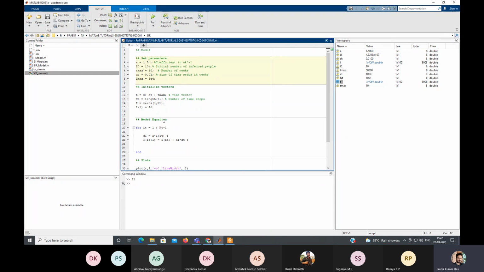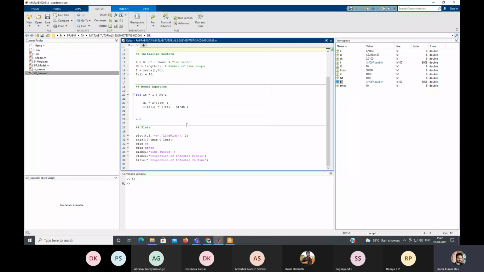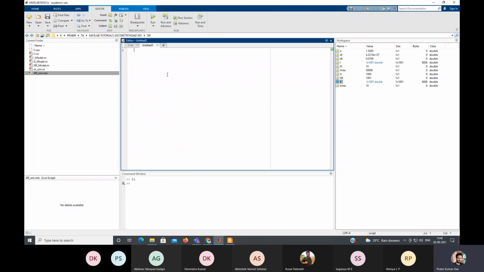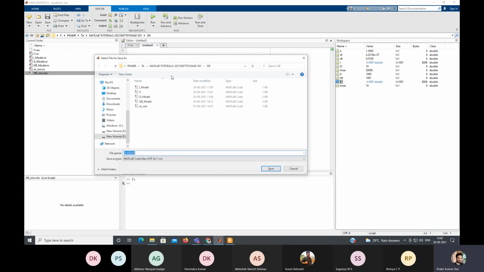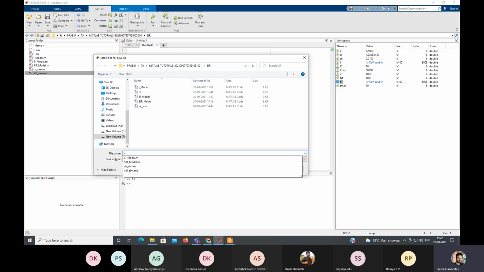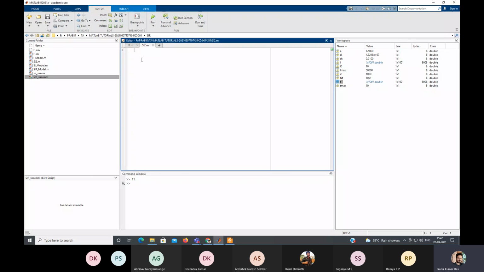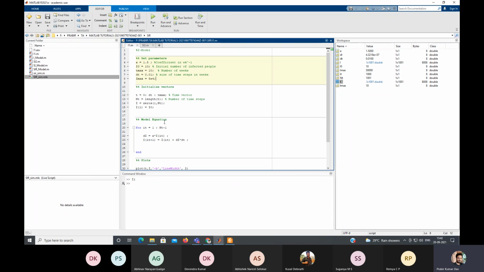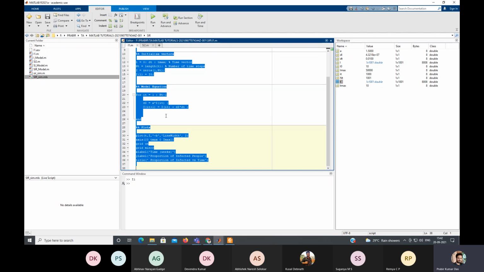Now we will move this thing and make another model, that is SI model. We'll copy our whole code.